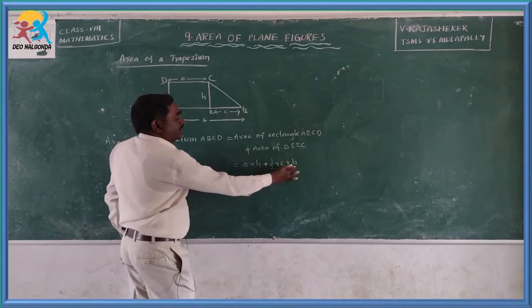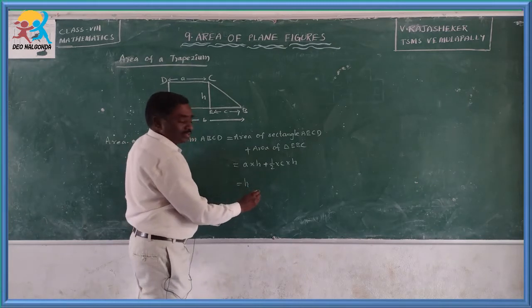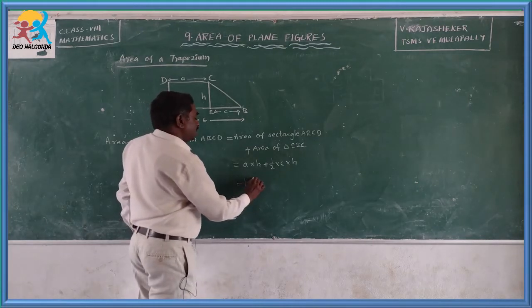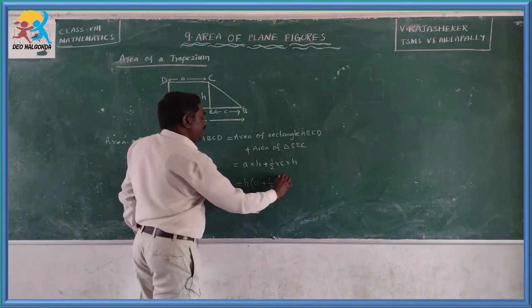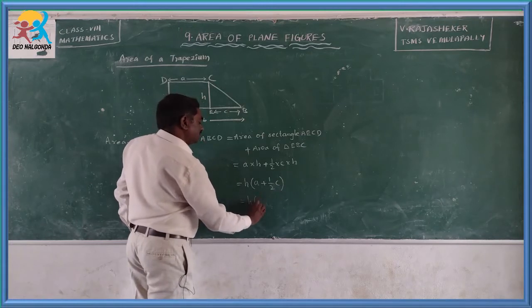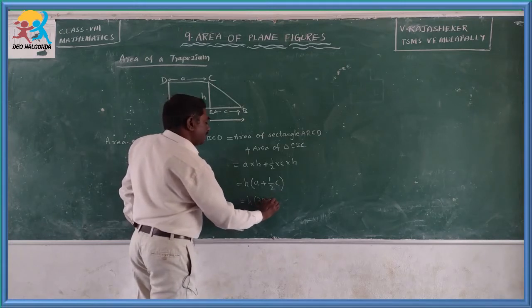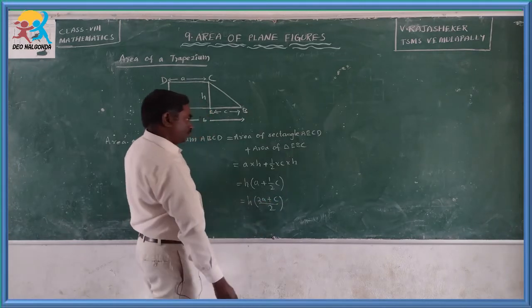Now we can take h common from these two parts. The remaining part is a plus c by 2, and by simplifying we get 2a plus c by 2.